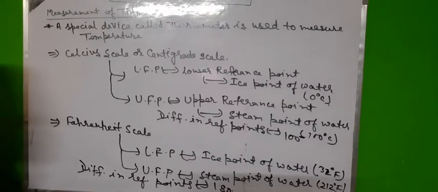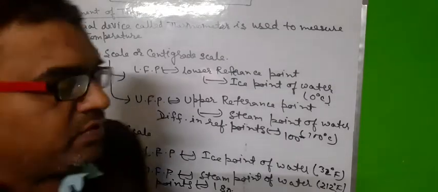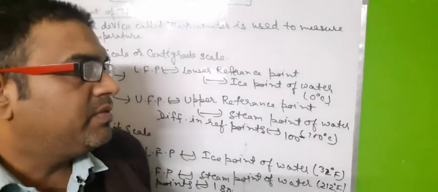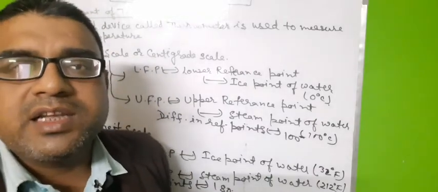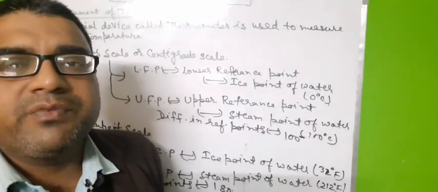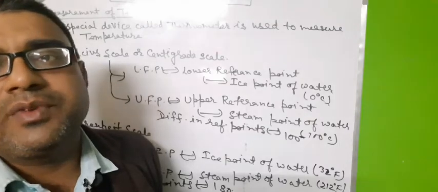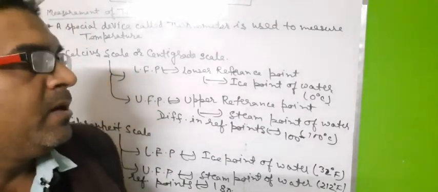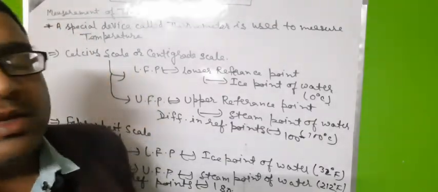So for discussing the different scales for the measurement of temperature, we use a table, and in this table we will mention the different types of scales and their lower fixed point and upper fixed point, and the difference between the lower fixed point and upper fixed point.